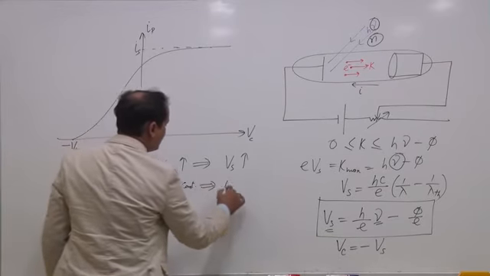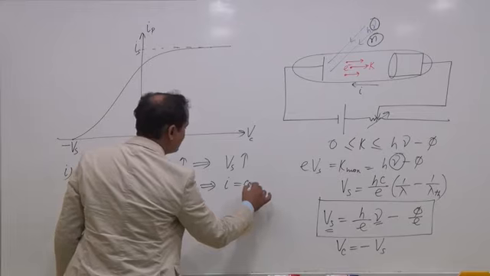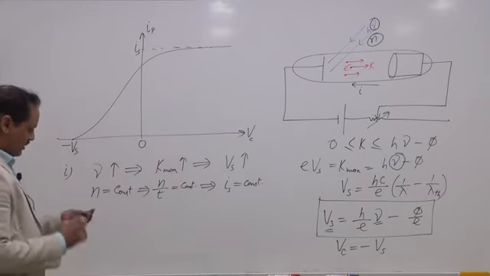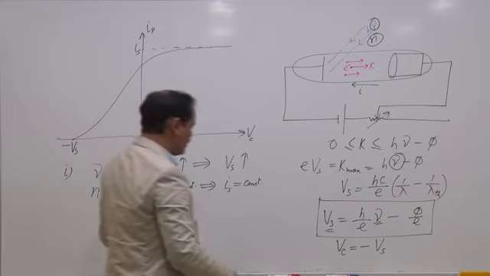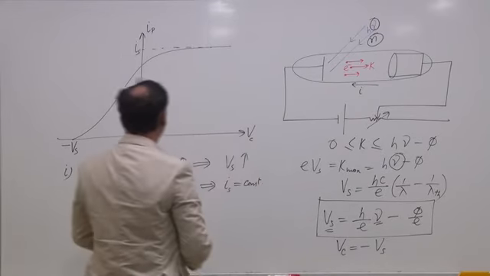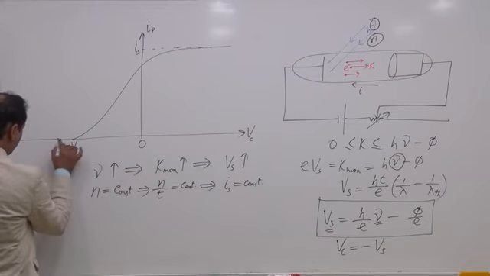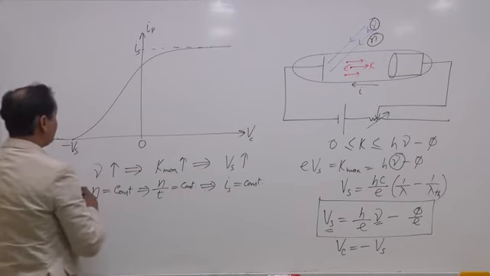This implies current to be constant, the saturation current Is to be constant. So, saturation current remains constant. If I increase the frequency, then stopping potential will increase or collector potential will become more negative.